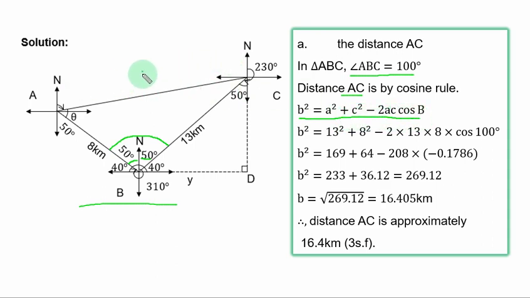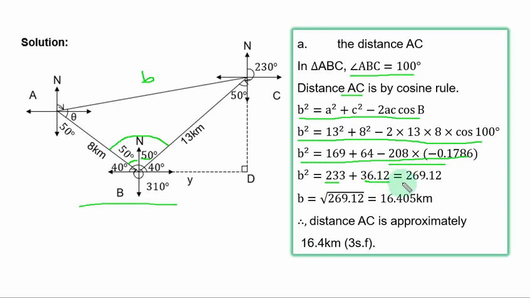AC is small letter b, the side facing angle B. So you replace AC, then angle B, with what they stand for in the cosine rule. You simplify, you have it in this form. You add, you get this. Minus times minus is plus. You multiply these two, you have this result.